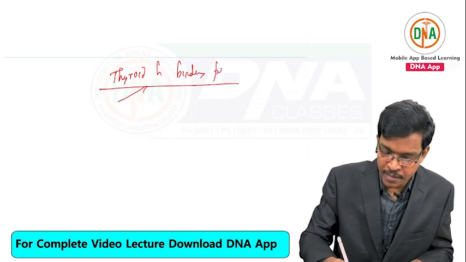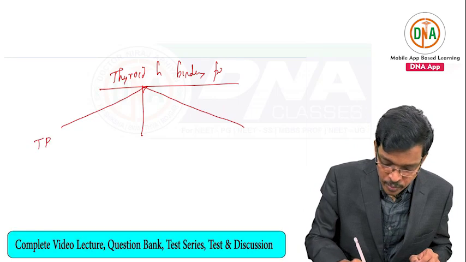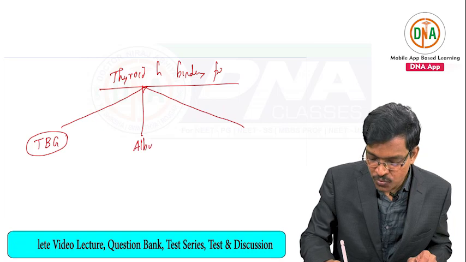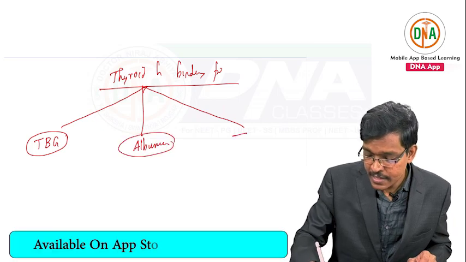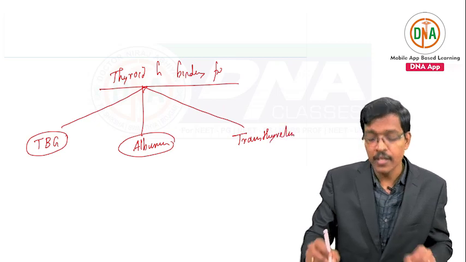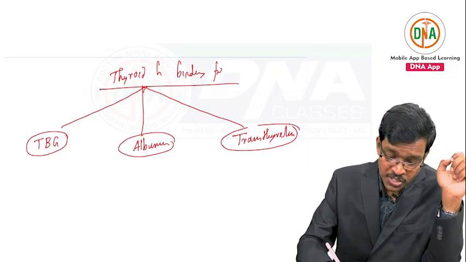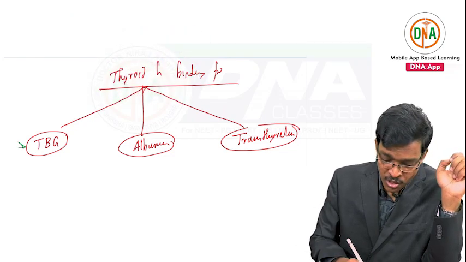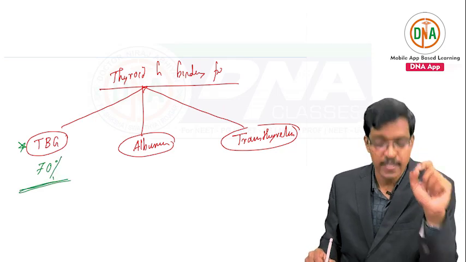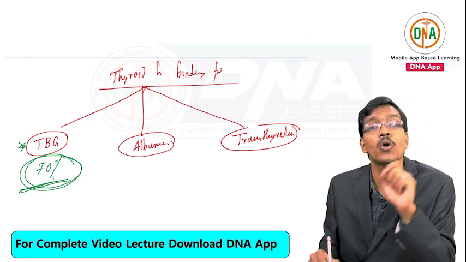We have mainly three binding proteins in the plasma: one is thyroxine binding globulin or TBG, second is albumin, and third is transthyretin. Of these, the most important is TBG, which binds around 70% of the thyroid hormones.